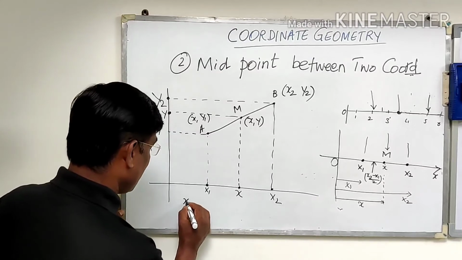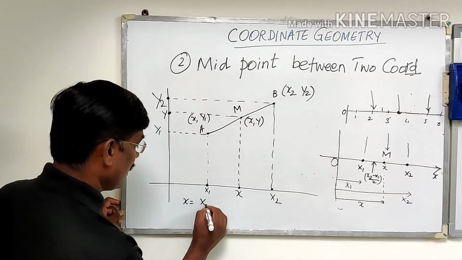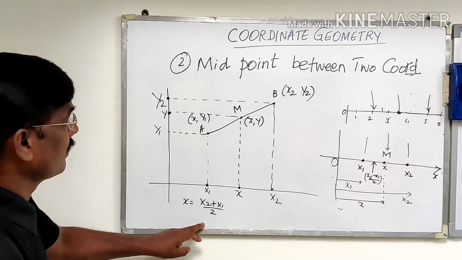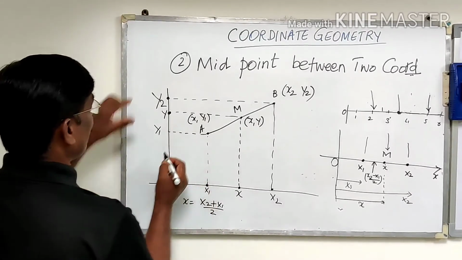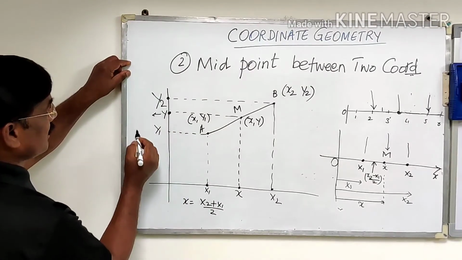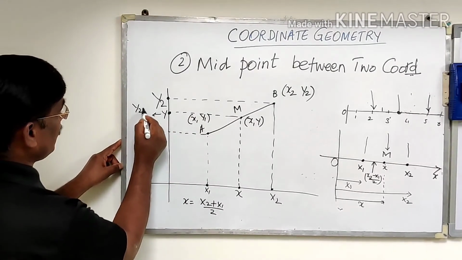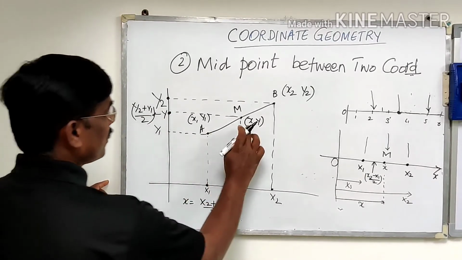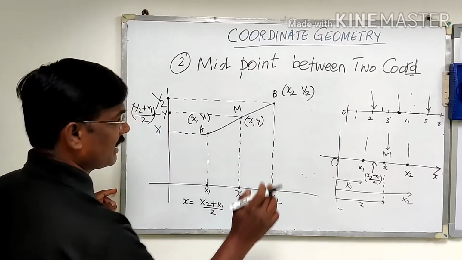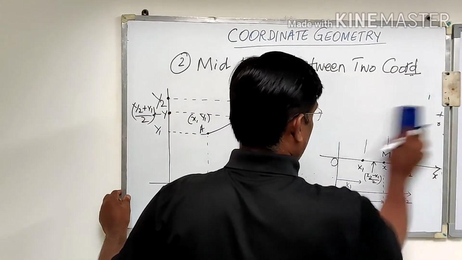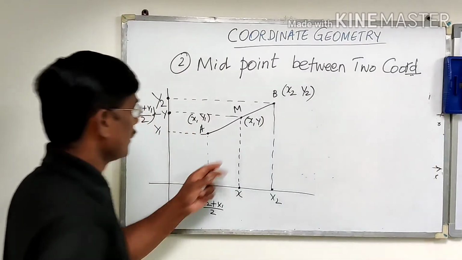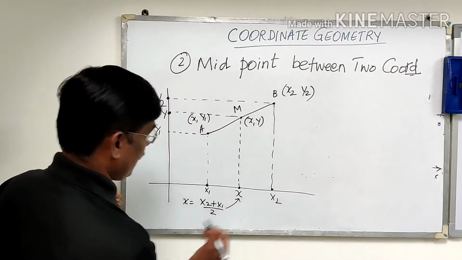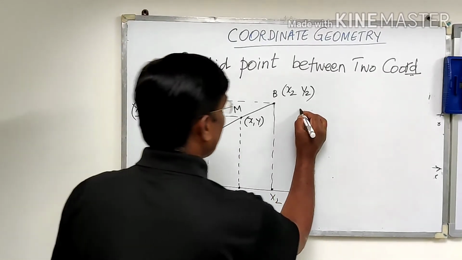The coordinate of x is equal to x2 plus x1 divided by 2. Similarly, what is the coordinate of y? It's nothing but y2 plus y1 divided by 2. So the coordinate of x and y is nothing but this value.